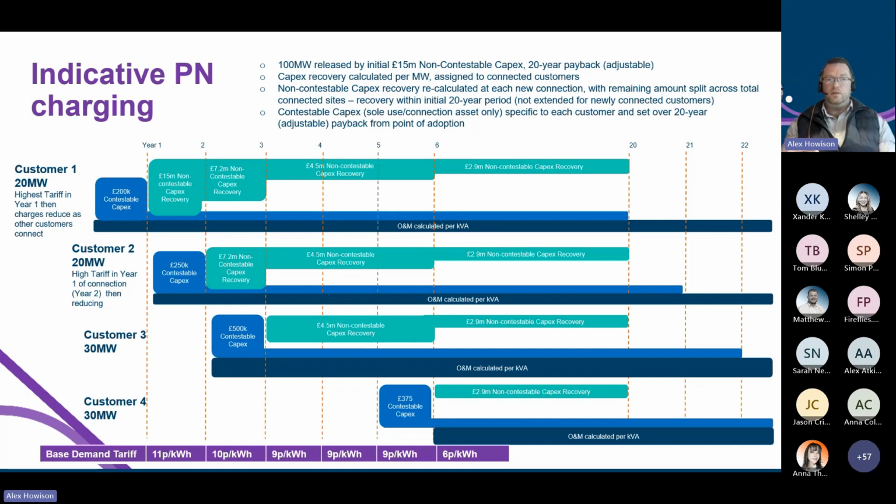The idea is that whilst there are different tariffs being applied to different customers at different stages, they are all based, similar to CDCM and EDCM, on what the cost of the network is, how much it costs to maintain, and how much it costs to keep serviceable over a period of time. So whilst there is some variance from customer to customer, they're all being calculated within the same methodology.